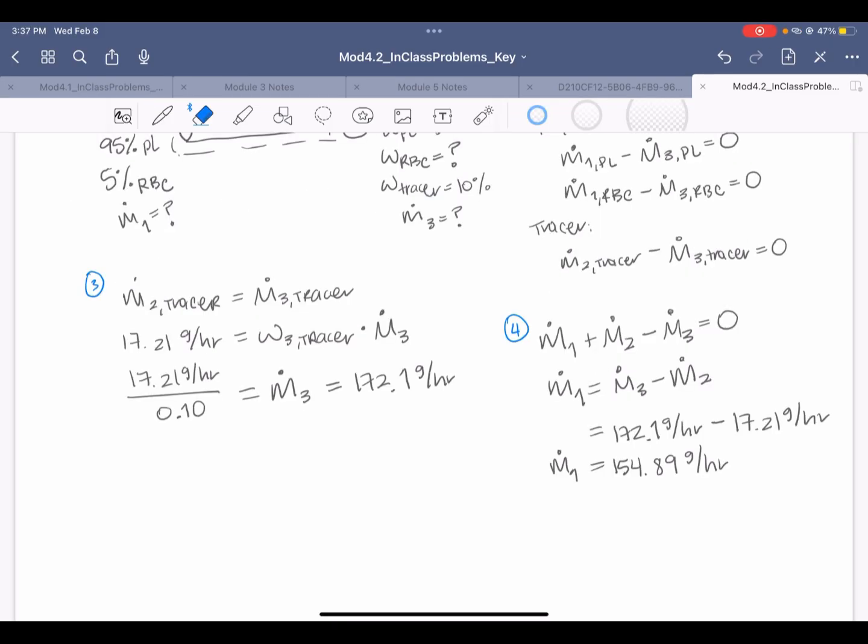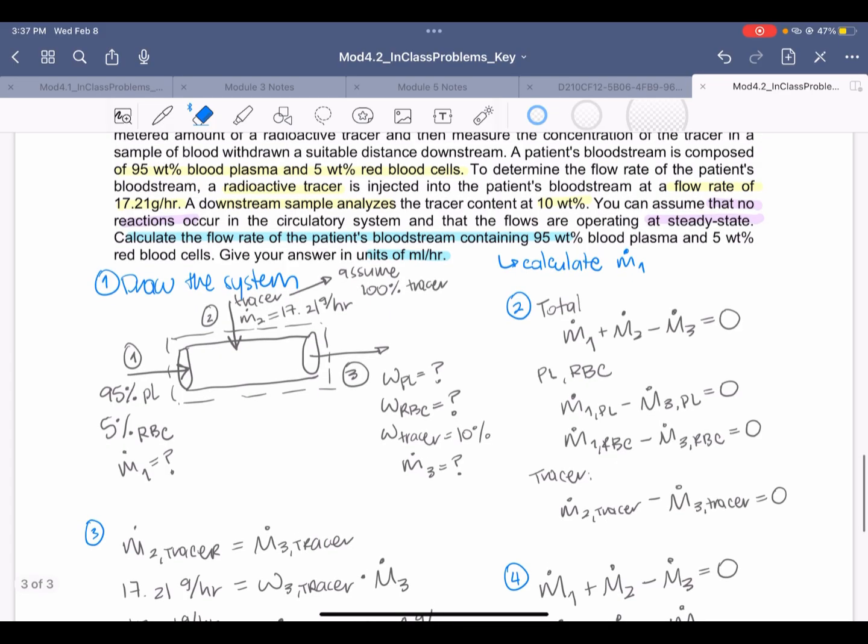Okay, but now let's look back up and make sure that's everything that we want. What the problem is asking me for is the flow rate of the patient's bloodstream containing blood. So like we said, that's the mass flow rate in stream 1, except, if you read carefully, it says give your answer in units of milliliters per hour. So what it really wants is a volumetric flow rate.